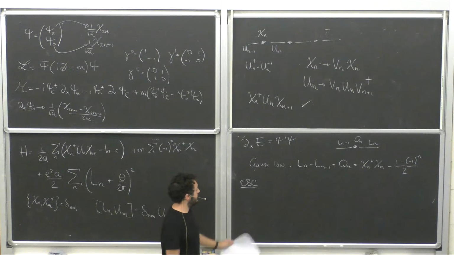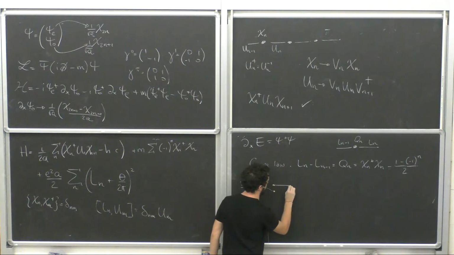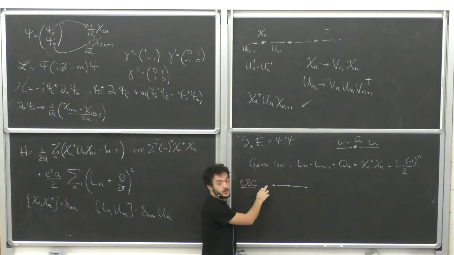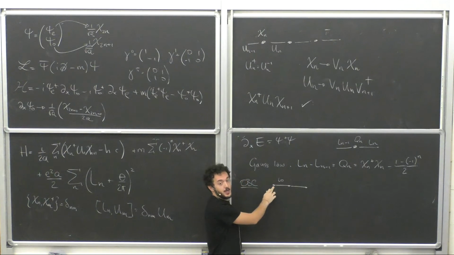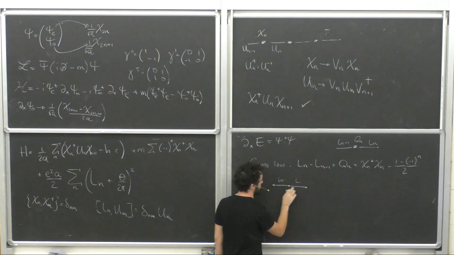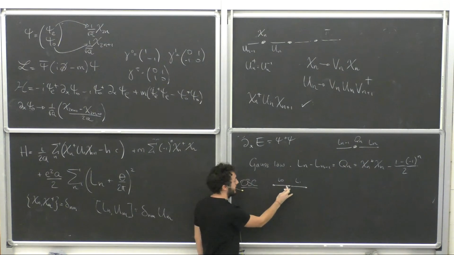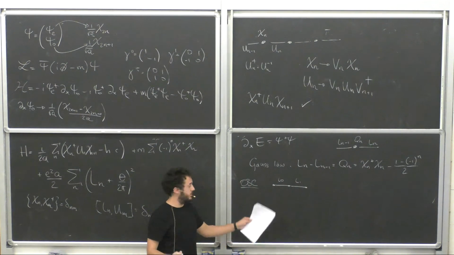Open boundary condition, you start with having 0 gauge field, and then L0 will just be given by whether I have a fermion here or not. And then L1 will also be given by if I had fermions here and there or not. So you just integrate out with open boundary conditions.